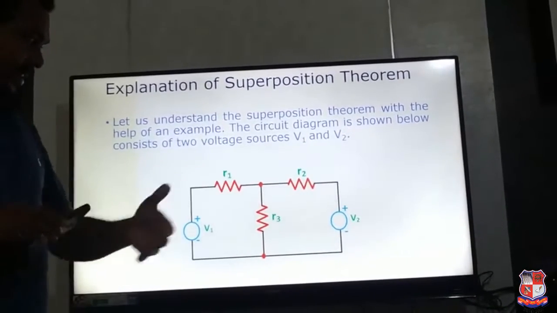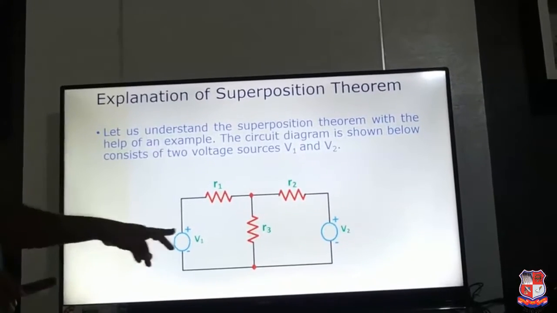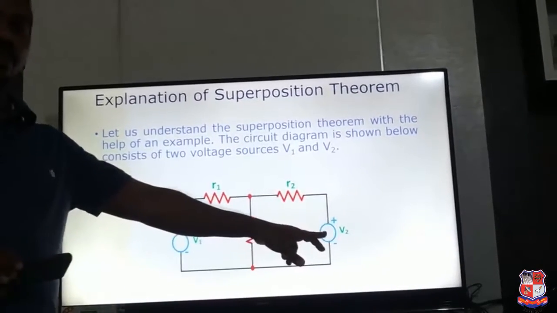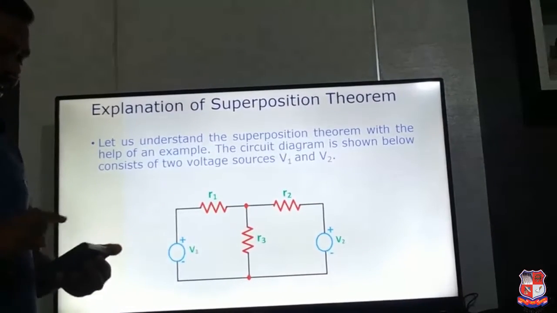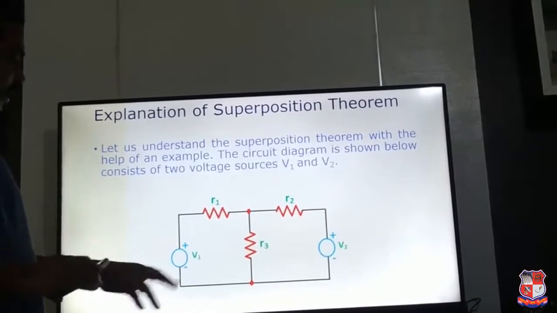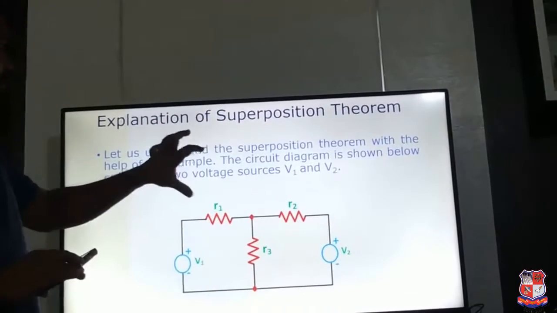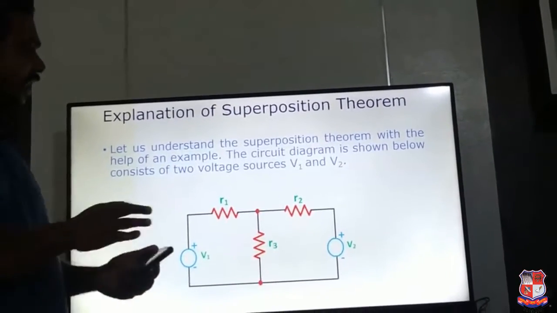One circuit is there in which we have two voltage sources, V1 and V2, and three resistances R1, R2 and R3. In this circuit we have two voltage sources. To understand the superposition theorem, we have to replace one source.